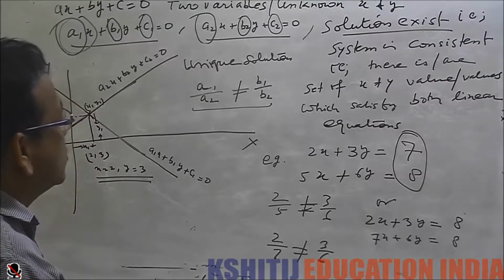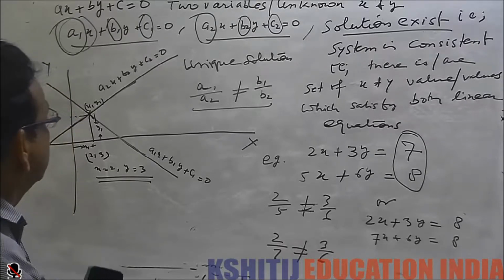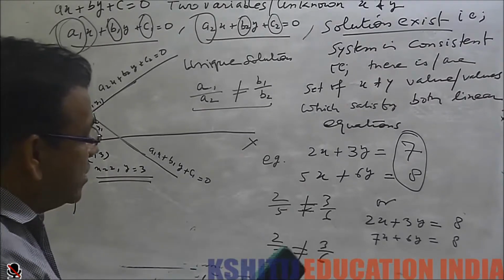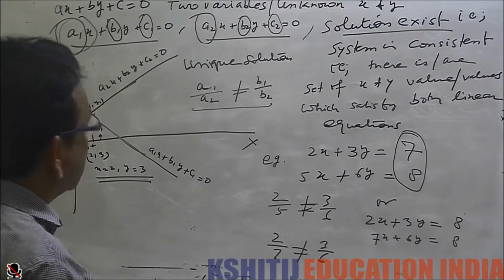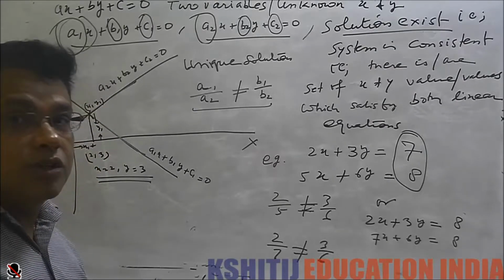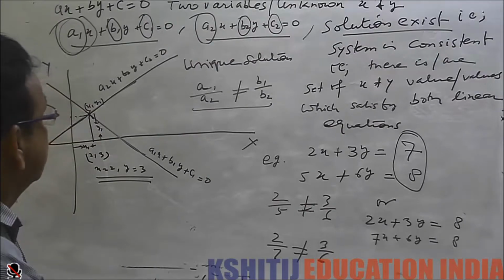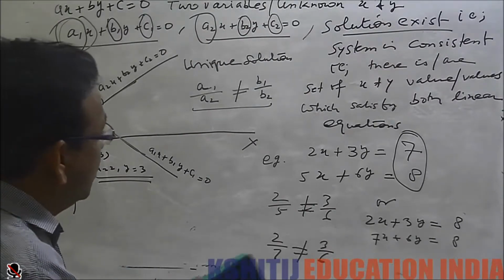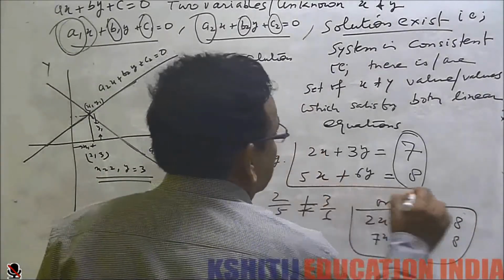Any doubt? I hope it's clear to you. In this case, the set of simultaneous equations will have a solution, and the solution would be a unique solution only. So such equations you have to check.